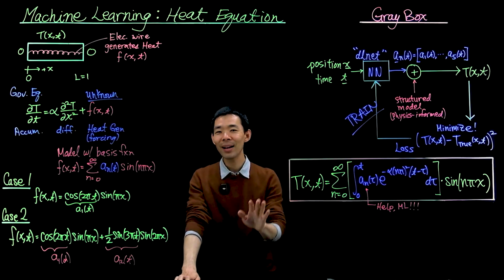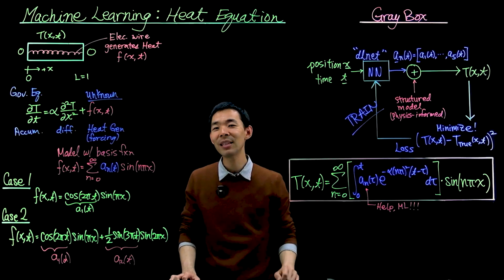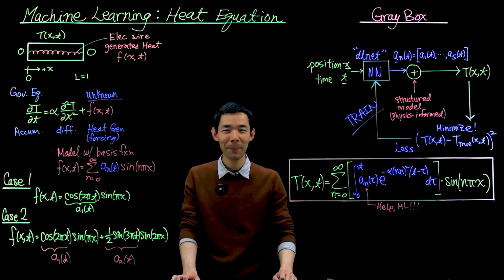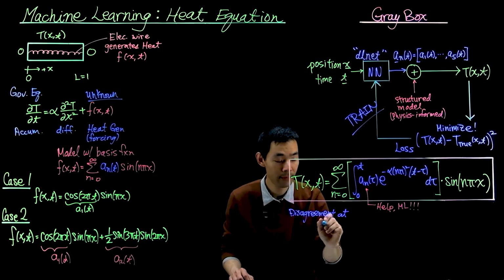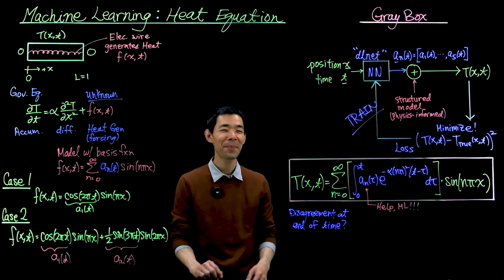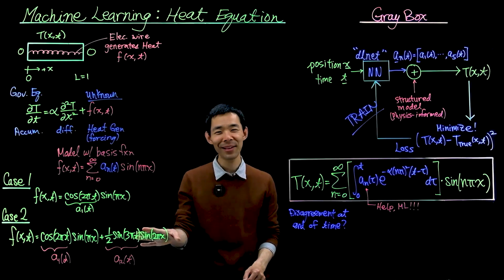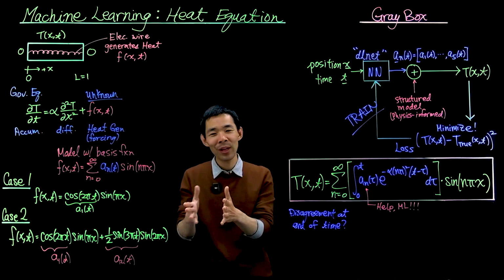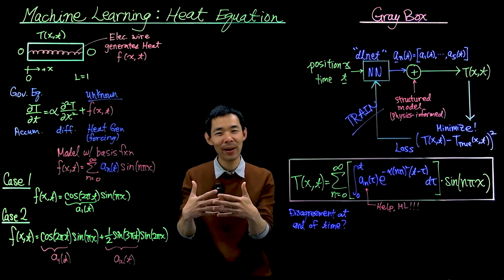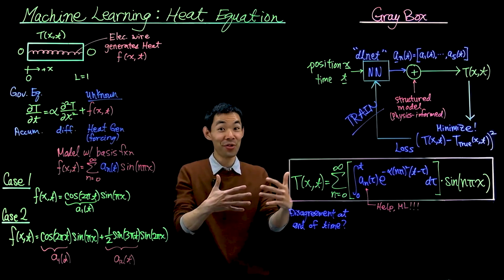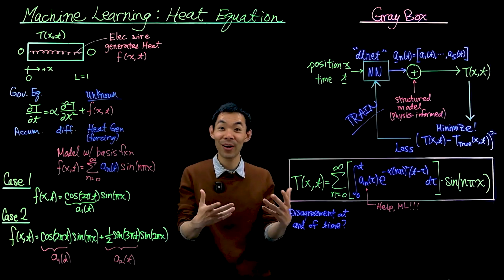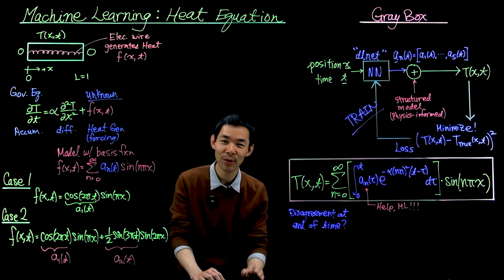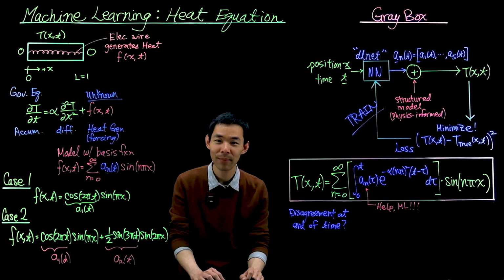Okay, so back to this issue of why it is deviating towards the end of the cycle. Let's talk about that now. So let's talk a little bit about what you saw. In both cases, you saw that it was pretty good in the early to middle parts of the solution comparison, but near the end, it just kind of took off and became very unreliable. So why the disagreement near the end of time?